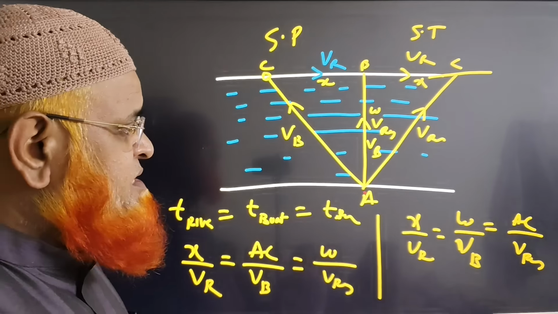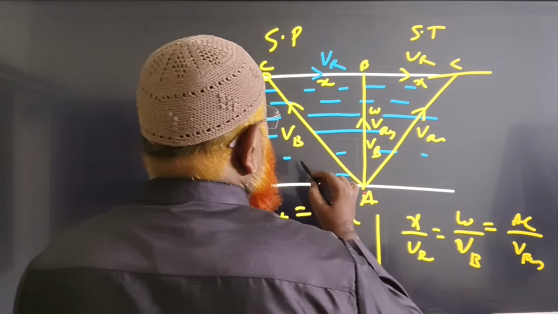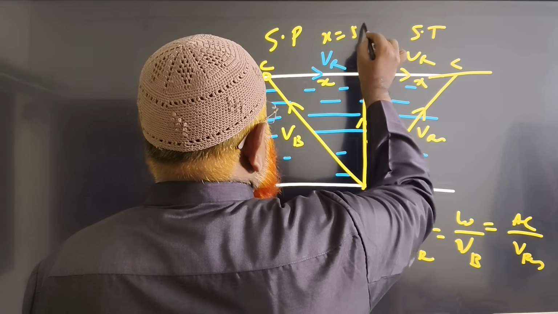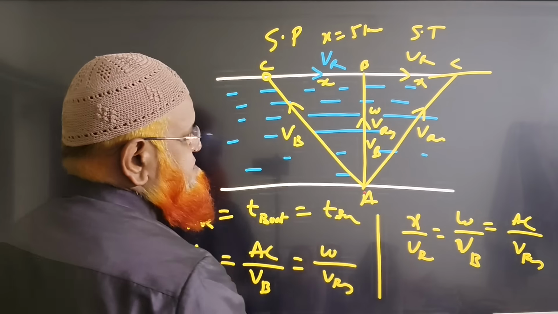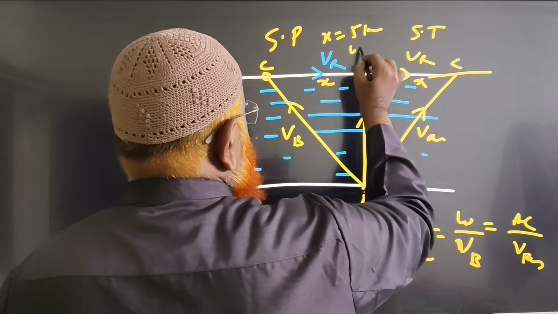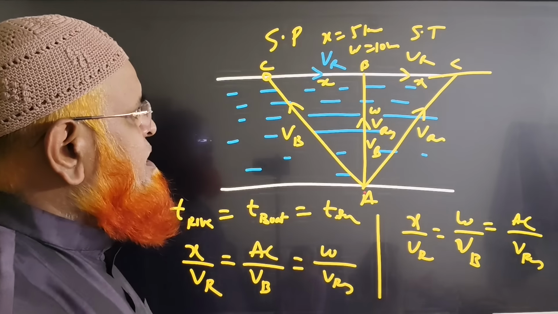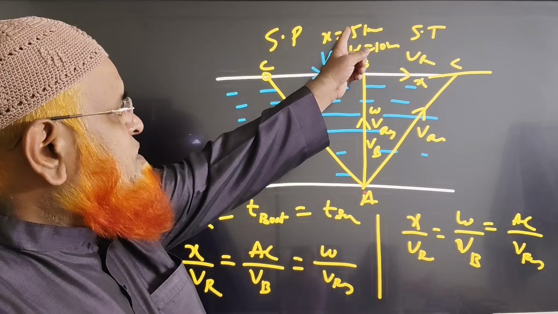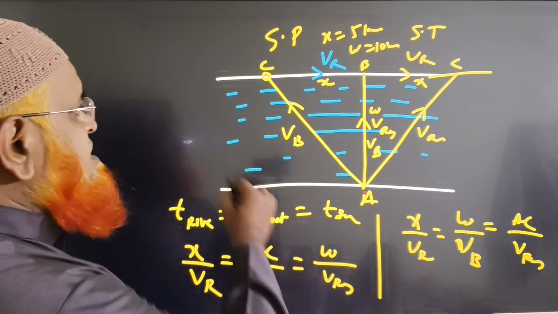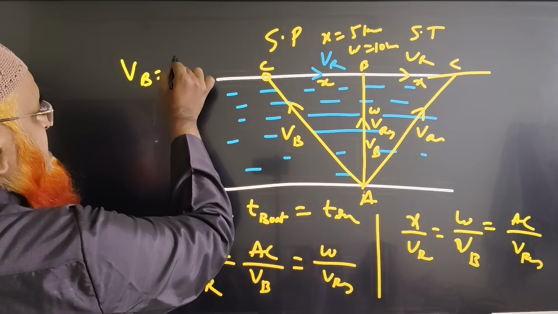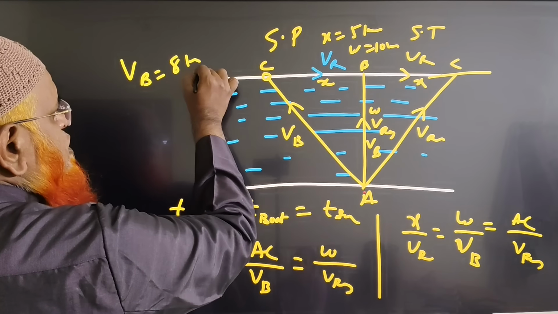Sometimes what will he give? He gives that drift is 5 kilometers and width is 10 kilometers, and velocity of a boat is 8 kilometers per hour.